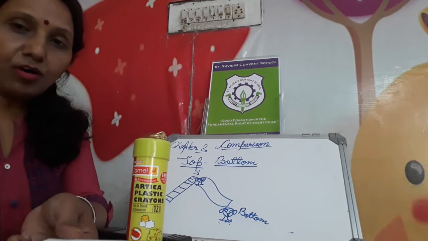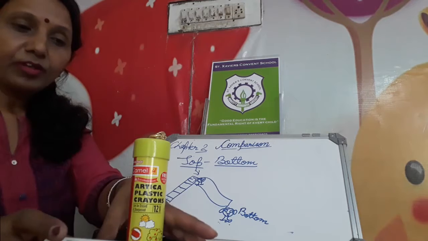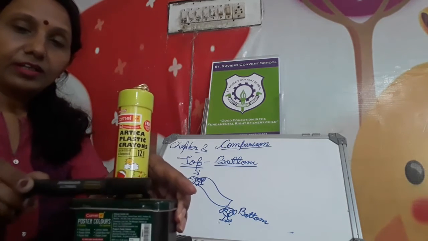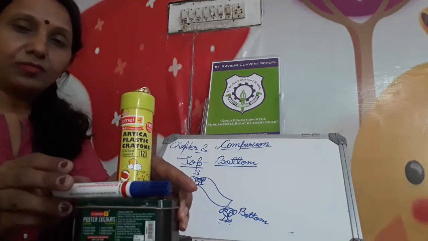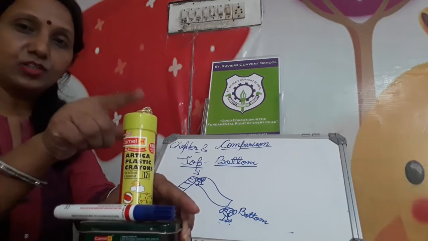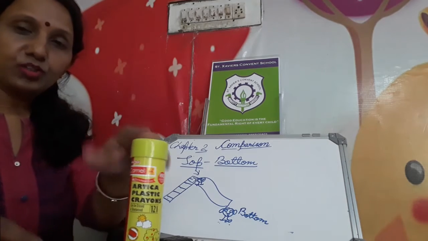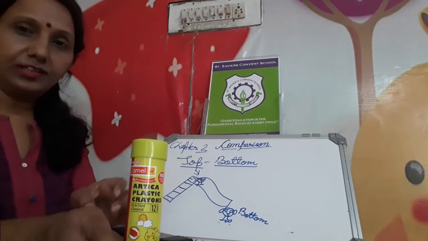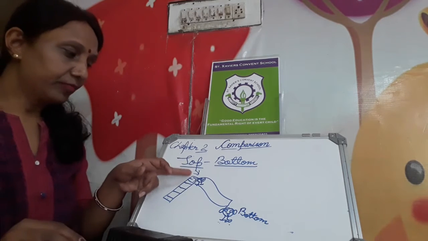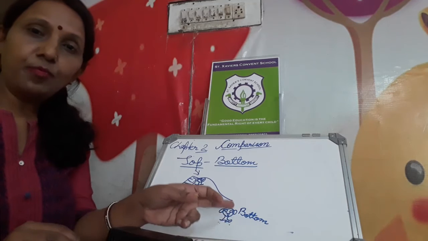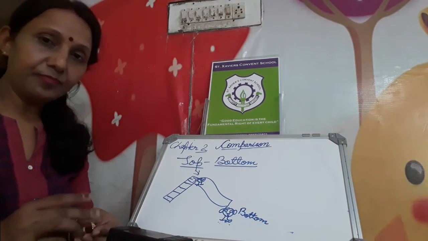At the bottom of the box. This marker is at the bottom of the box, and this ring is at the top of the box. Got it? Top, bottom, top, bottom. So here this boy is on the top of the slide and this girl is at the bottom of the slide. Okay?